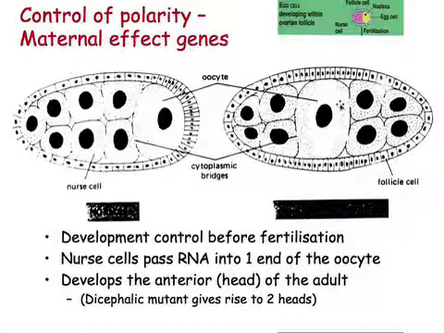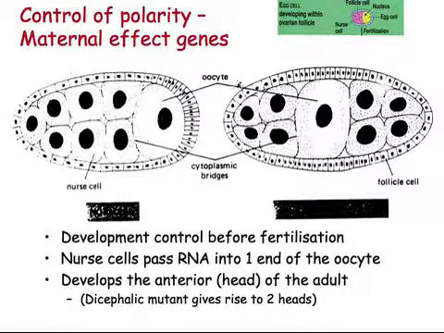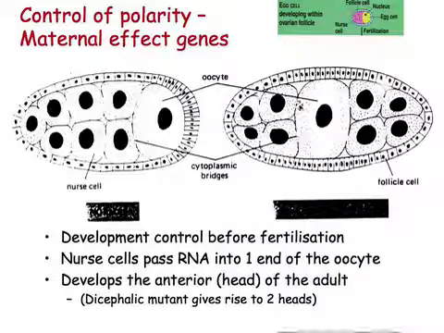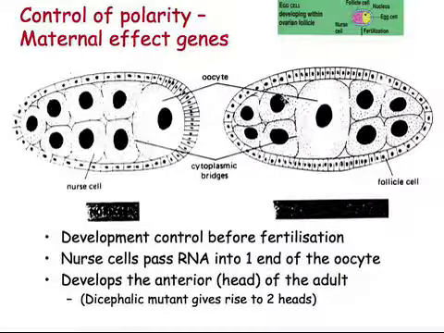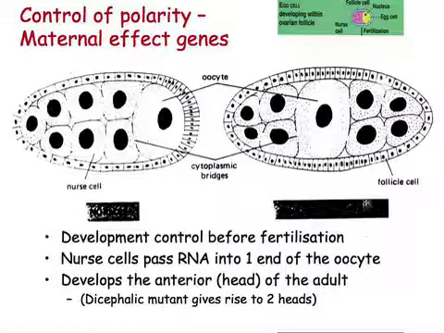The maternal effect genes are expressed in the nurse cells, and the product of this gene expression is passed on to the oocyte. So there are factors that affect the expression of genes during fertilization that are derived from these nurse cells. Effectively, the control of development occurs before fertilization because factors are transferred through these cytoplasmic bridges from the nurse cells into the oocyte.